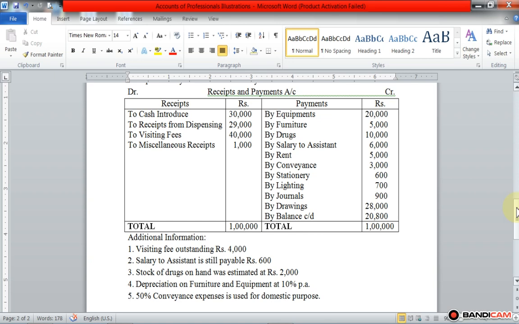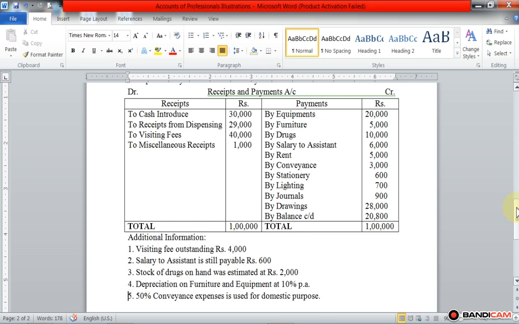Then second adjustment, salary to assistant is still payable rupees 600. Stock of drugs on hand was estimated at rupees 2,000. Depreciation on furniture and equipment at the rate of 10% per annum. Fifth, 50% conveyance expense is used for domestic purpose.